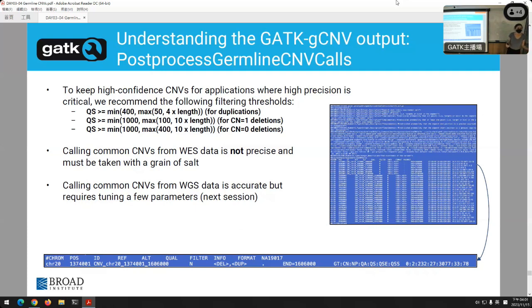So in an exome, it's just really hard to distinguish between a noisy interval and a common CNV interval in exomes. But genomes are just less noisy as a data type. So it is possible to use GCNV to call common CNVs in genomes. And we do that as part of GATK SV, which I'll talk about tomorrow.